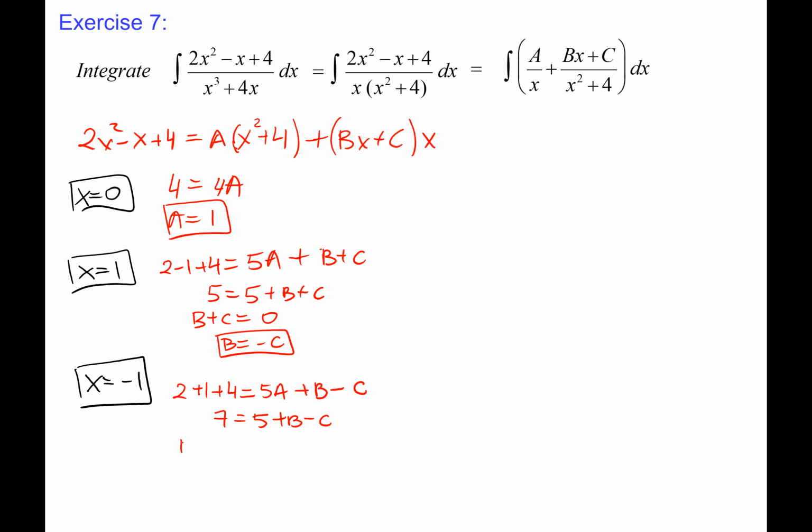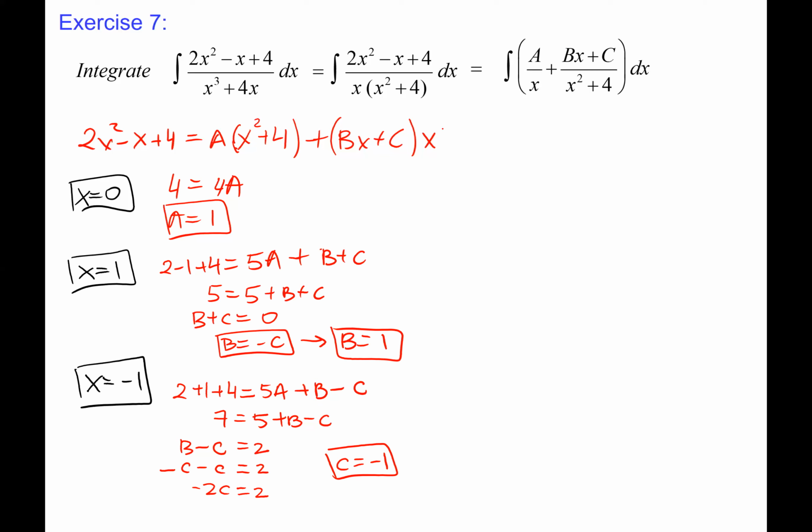That means we have b minus c equals 2. And b is negative c from above. Negative 2c is 2, so c is negative 1. That means if c is negative 1, then b is positive 1. Okay, great.